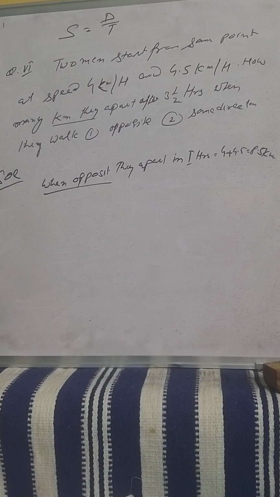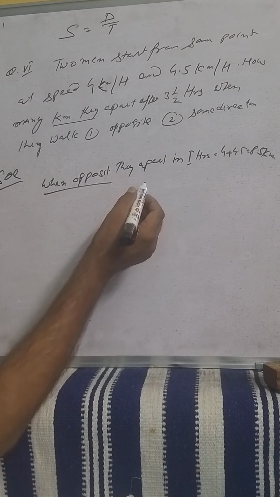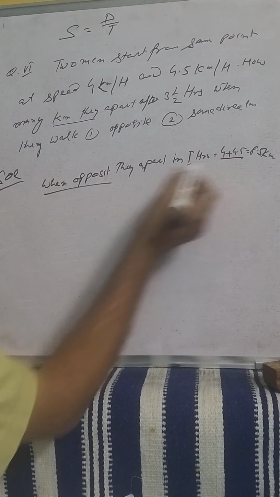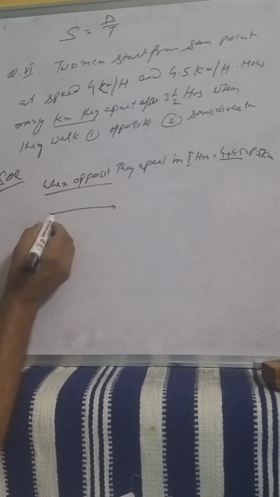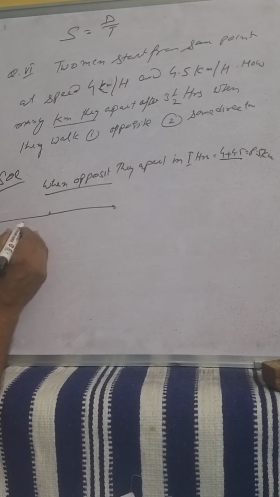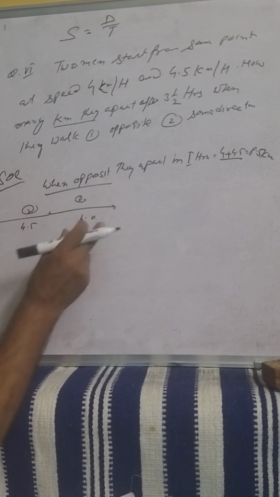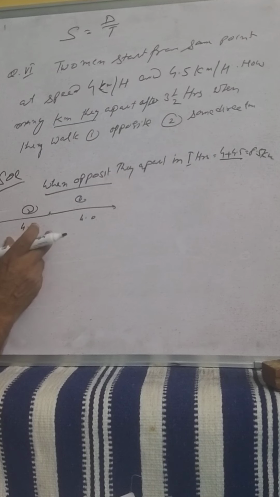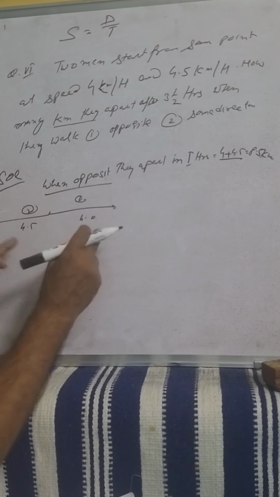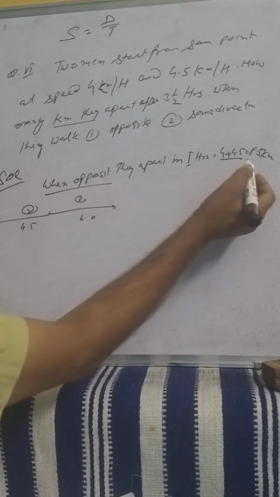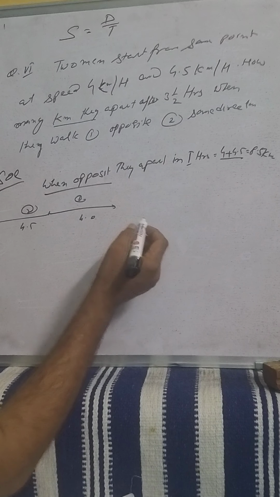Similarly, in the last question, they are apart in 1 hour at a distance of this. Similarly, in this case, this is 4.5, second person, first person, 4 kilometer. In 1 hour 4 kilometer and 4.5 kilometer, and the total distance in 1 hour will be equal to 8.5 kilometers.